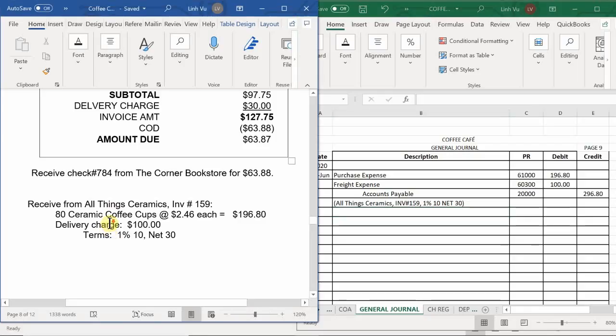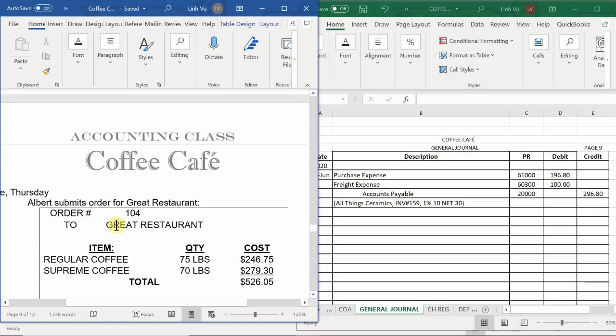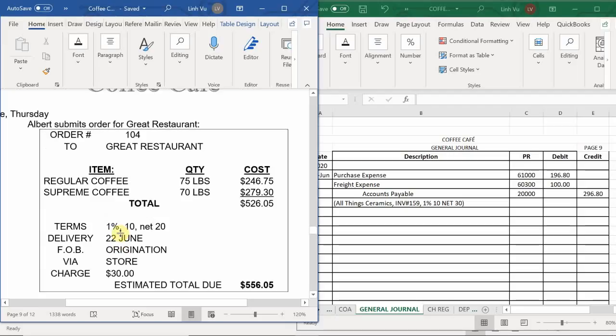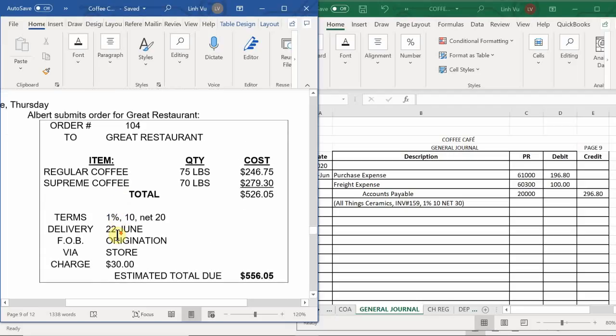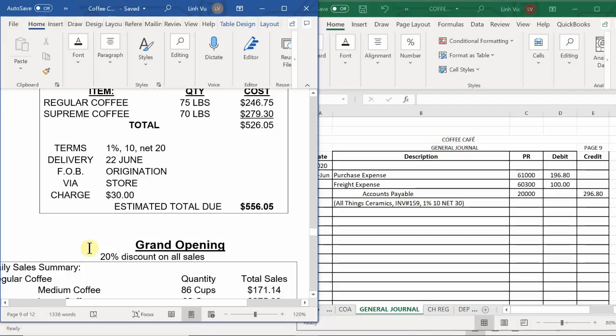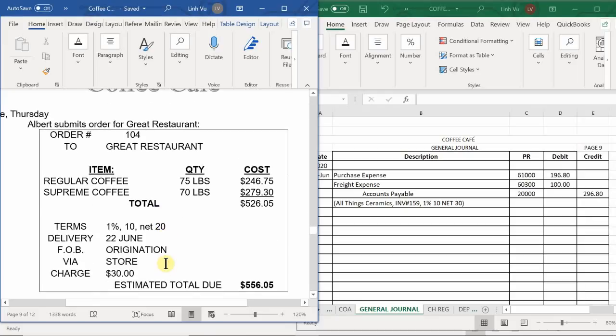So now that this transaction is done, let's see. I think we have... All right, we definitely have time to do the next one, which is this submission, and then we will do the grand opening sales when we come back from the break, okay? Because that's going to take quite some time. Actually, let's just go ahead and get it done. So let's see. Here we are, still on the 20th.